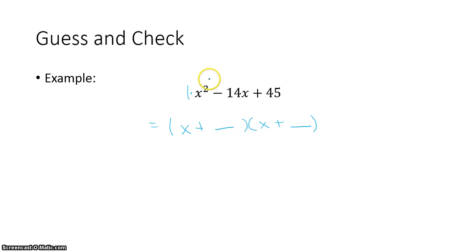What we need is we need our last term to be 45. So we need the product of this and this to be 45. And something I find useful is writing out this term in terms of its prime factorization. What that means is just break it down into a product of prime numbers.